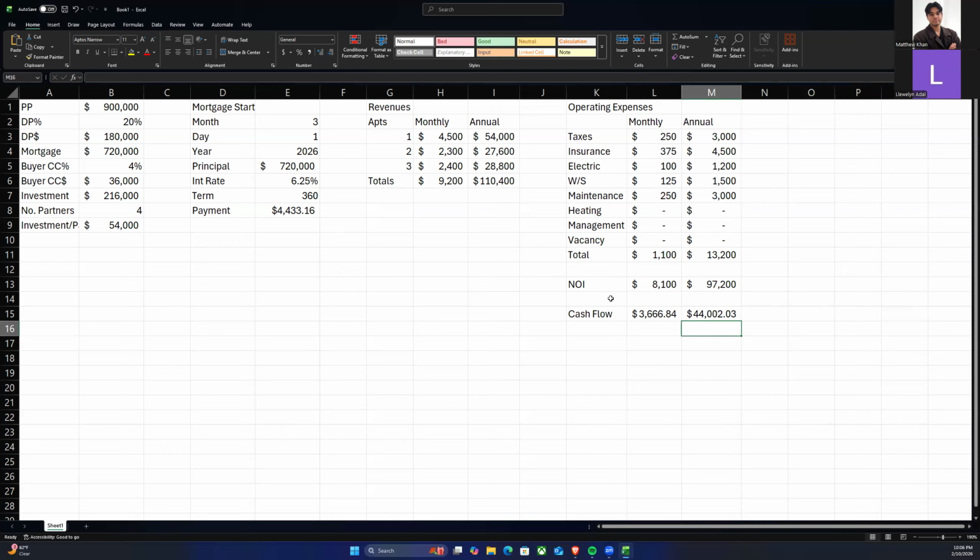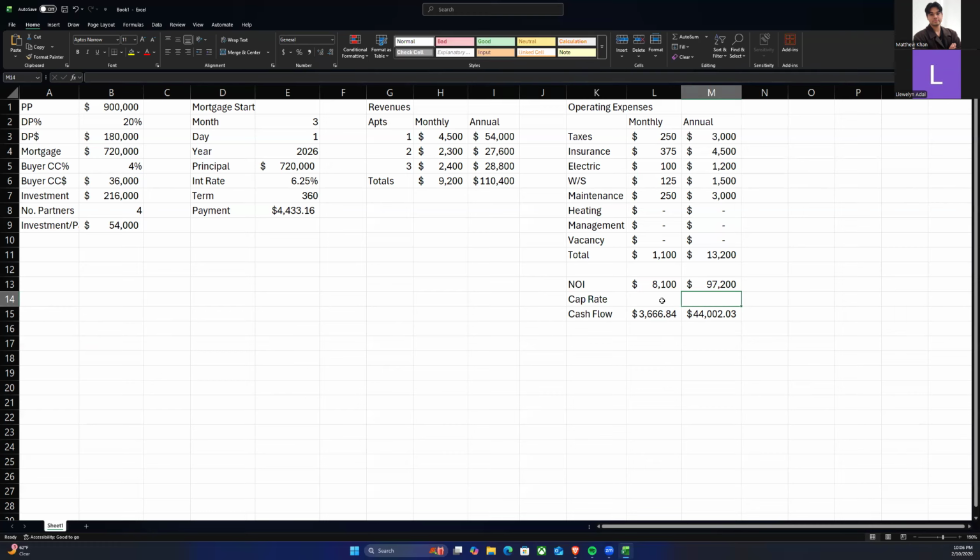Now I want you to go above the cash flow, and here we want to put the cap rate. The cap rate operates the same for me or Bob, and that is equal to what is the amount of money someone will make without a mortgage compared to what they're purchasing the property for. So go to the right.